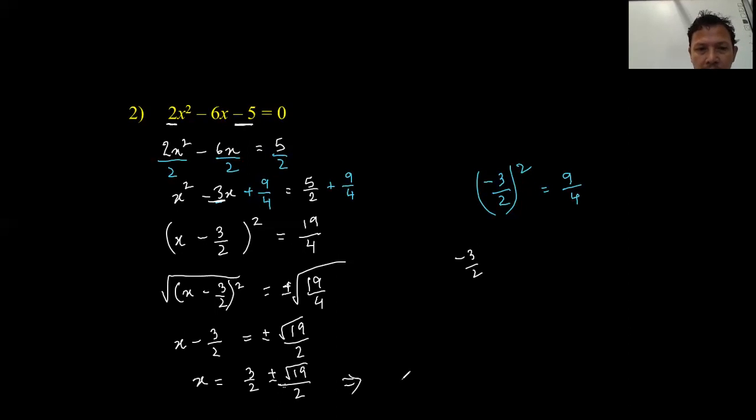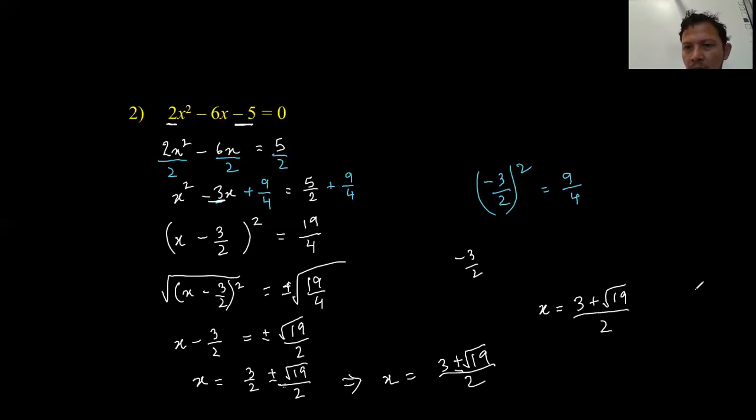Here we go, x equals 3 plus or minus root 19 over 2. And then your answer is either x equals 3 plus root 19 over 2 or x equals 3 minus root 19 over 2.